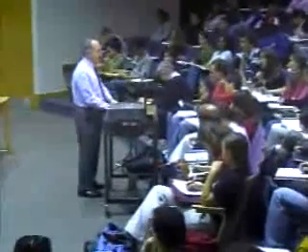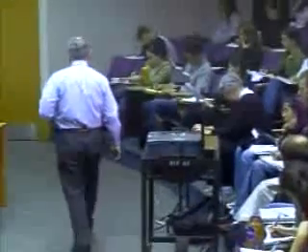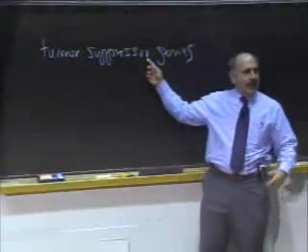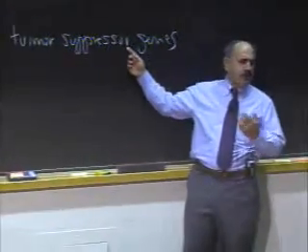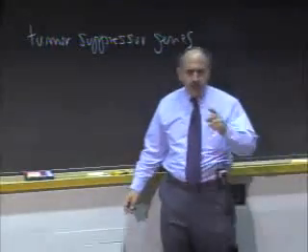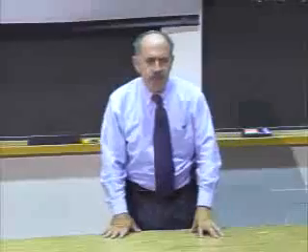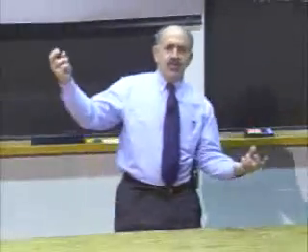The tumor suppressor genes work in an opposite fashion as a braking system to slow down cell proliferation. And as such, tumor suppressor genes operate to counteract and counterbalance and limit the growth stimulatory signals that are coming from the RAS gene and other growth promoting genes. So there's two sides to the coin.